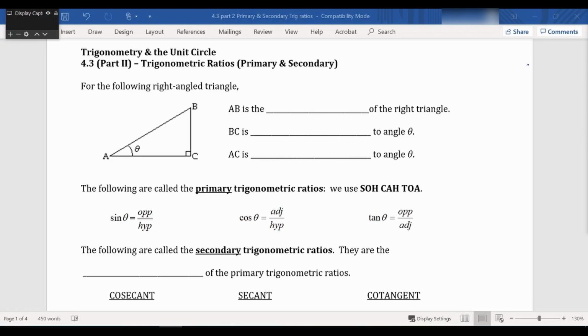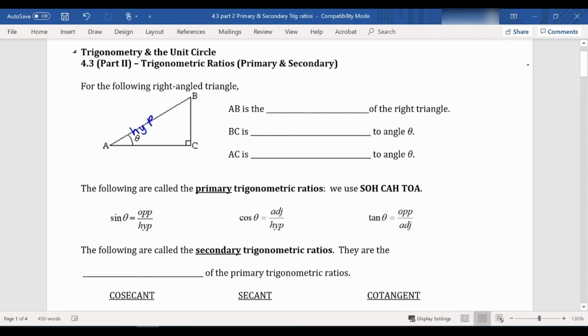So just a reminder about right-angled triangles. You have a right triangle, ABC, with an angle theta in the corner. Side AB is your hypotenuse. Side BC would be opposite to theta.